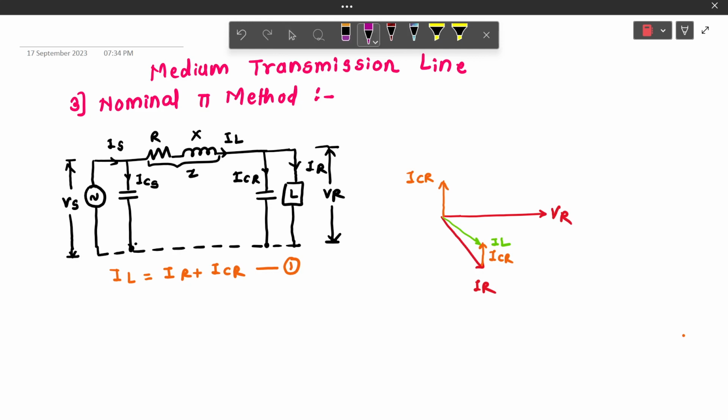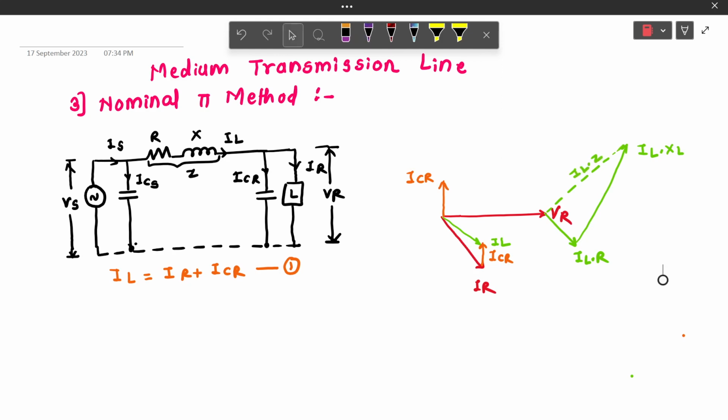To draw this voltage drop, we have to draw the parallel line as a voltage drop to IL as IL into R. The voltage drop across reactance is perpendicular to the voltage drop across the resistance as IL into XL. The equivalent of this is IL into Z.